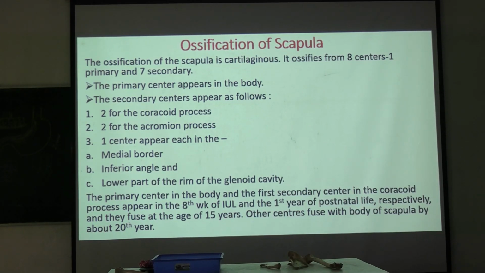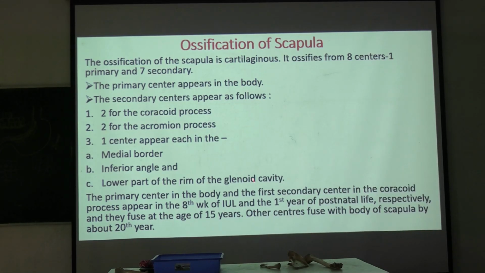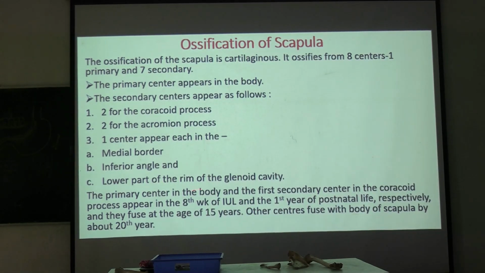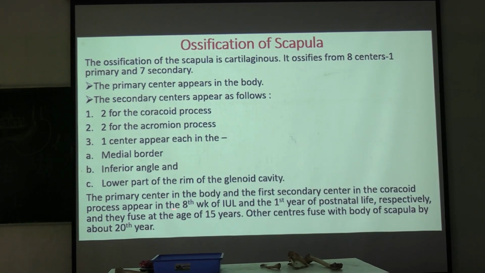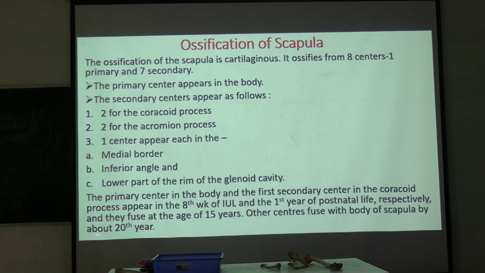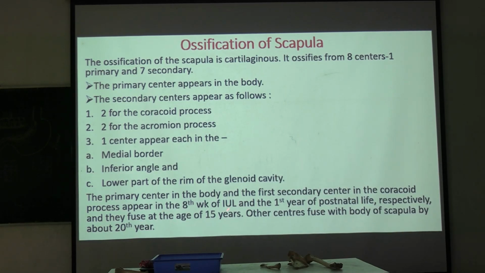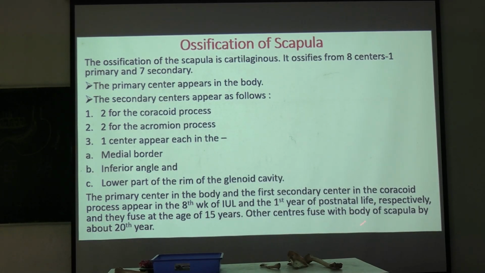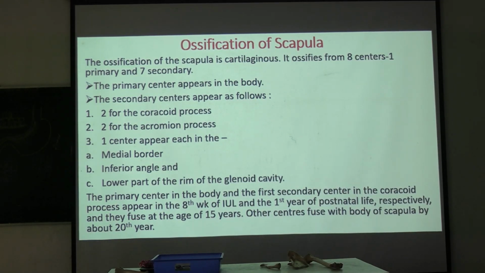So these are the locations of the secondary centers. The primary center in the body and the secondary center in the coracoid process appear in the 8th week of intrauterine life and the first year of postnatal life respectively. They fuse at the age of 15 years, and the other centers fuse with the body of the scapula by about 28 years. So this is the ossification of the scapula.